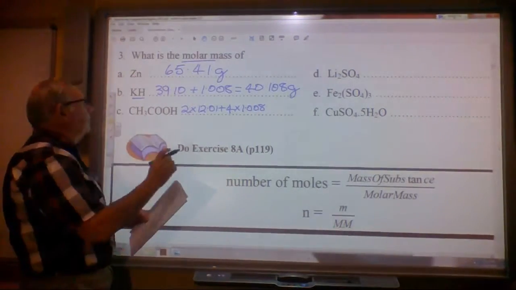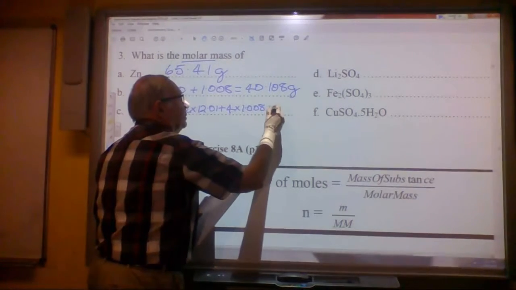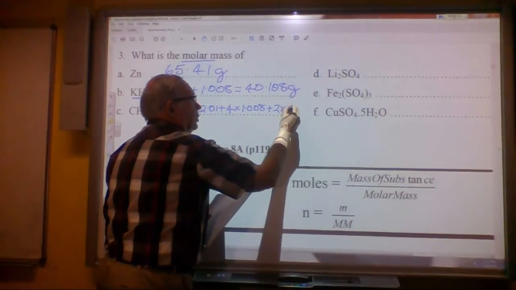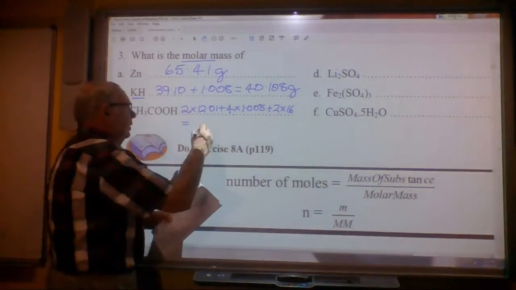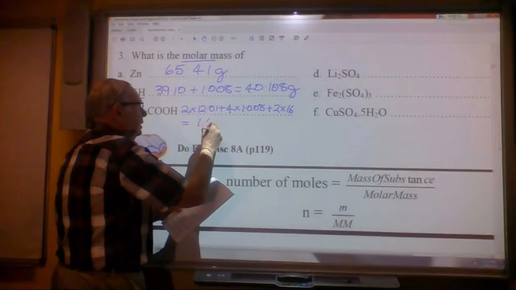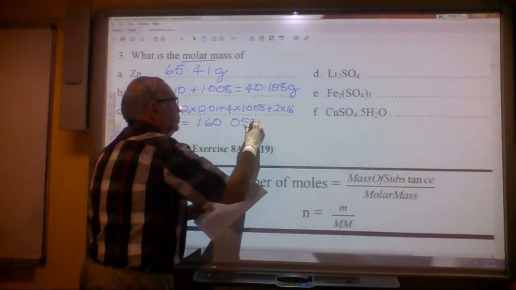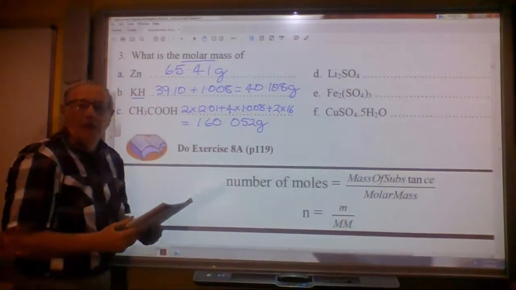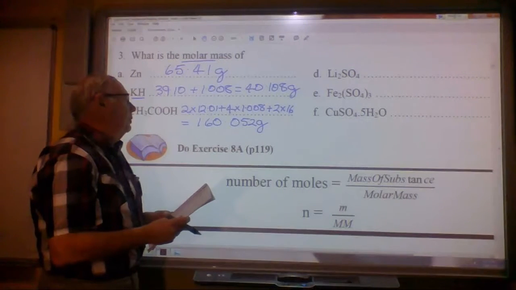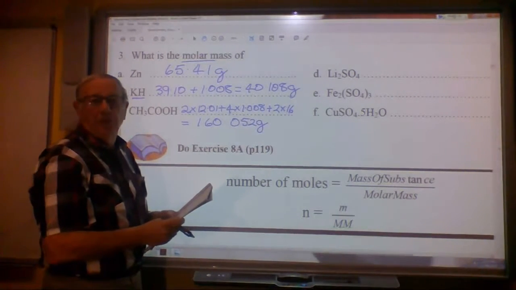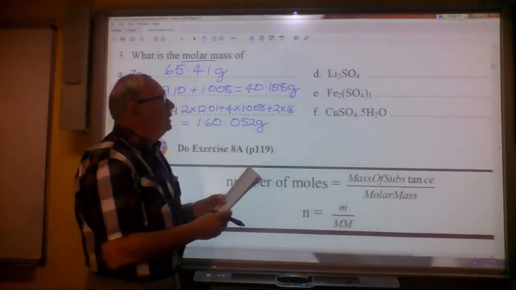And then we've got 2 oxygens, so that's 2 times 16. We add all of those together, and what we get is a figure of 160.052 grams. Now there's a lot of significant figures there, so we might round that out to 160.05.